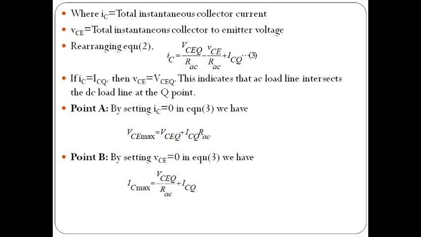For that we consider the total instantaneous collector current iC equals 0, and you will get the VCE value. By considering the total instantaneous collector to emitter voltage vCE equals 0, you will get the IC value. So it is similar to the DC load line also.